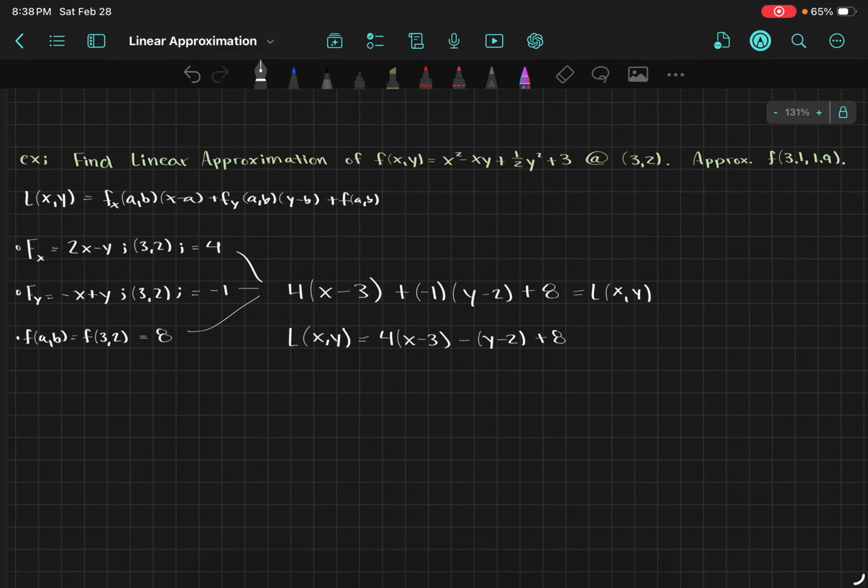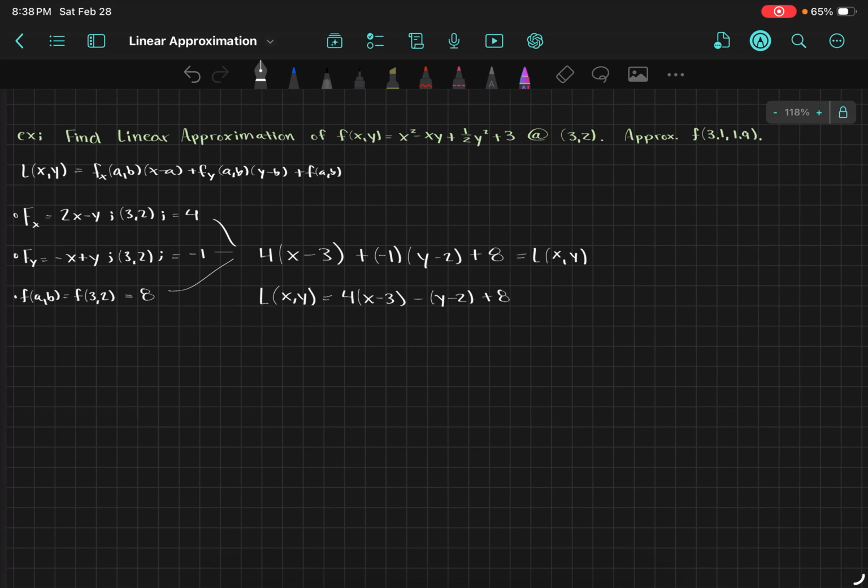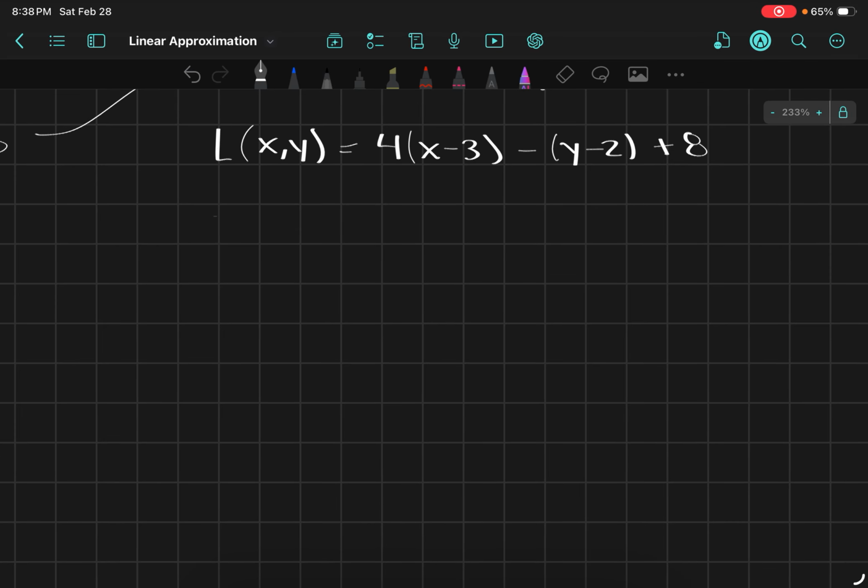Well, we found our linear approximation at the point (3, 2). That's step 1. So now we're asked to estimate f(3.1, 1.9). Let's go ahead and do that. So L(x, y), our linear approximation at (3.1, 1.9), is going to equal 4 times 3.1 minus 3, minus, what is this, 1.9 minus 2, plus 8.